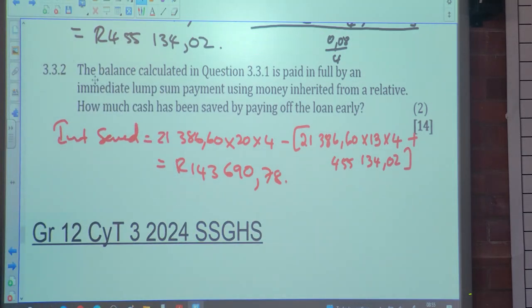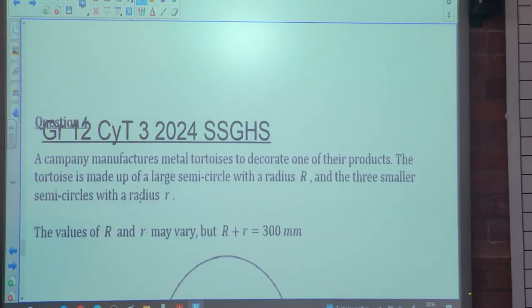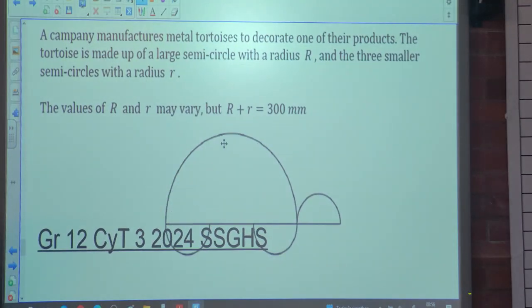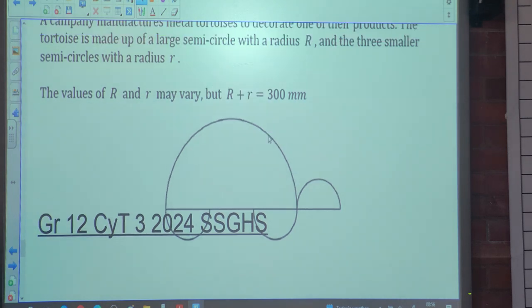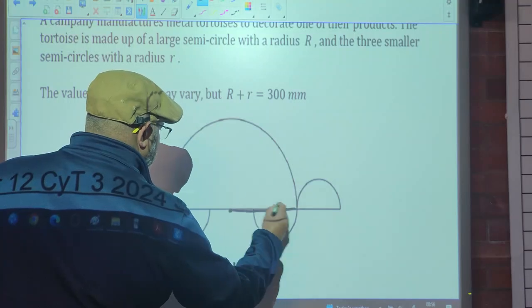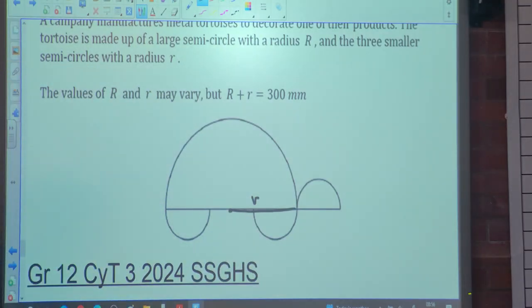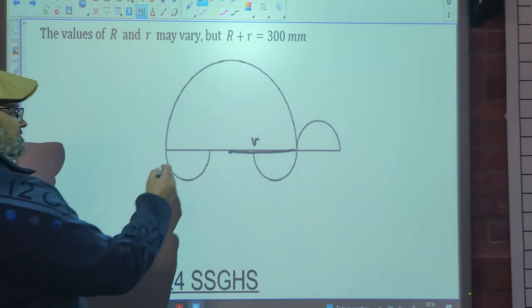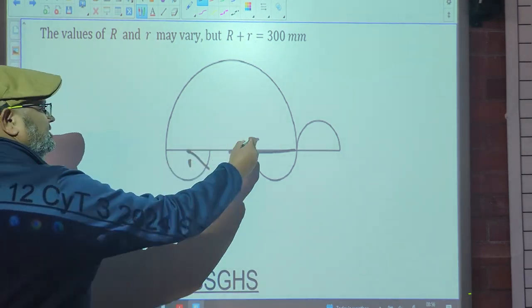Okay, last question quickly. A company manufactures metal tortoises to decorate one of their products. The tortoise is made up of a large semicircle with the radius R, and 3 smaller semicircles with the radius small r. So that's lowercase r.